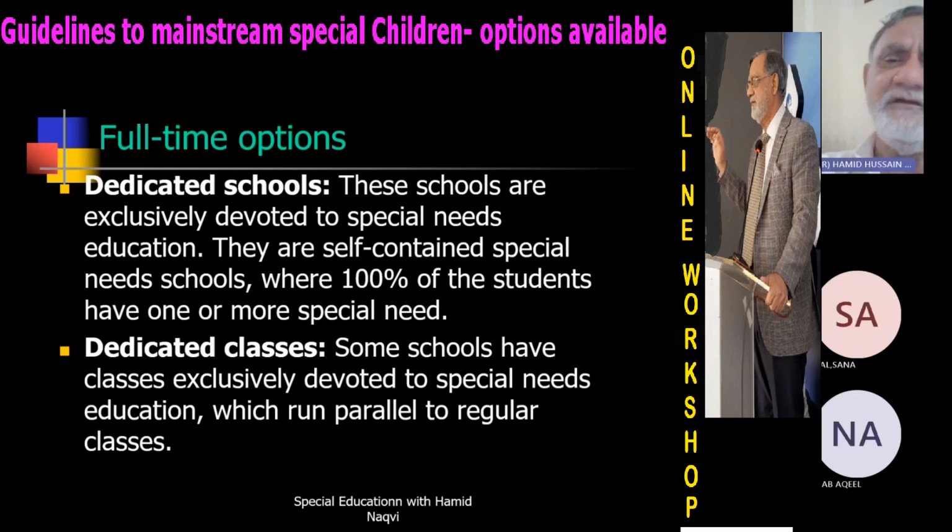But say there's a fifth class, sixth class, seventh class. There are five sections. Four sections are for normal students, and one section is exclusively for hearing impaired or visually impaired. They are having parallel sessions.